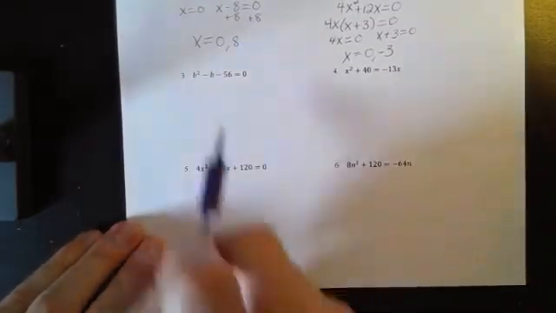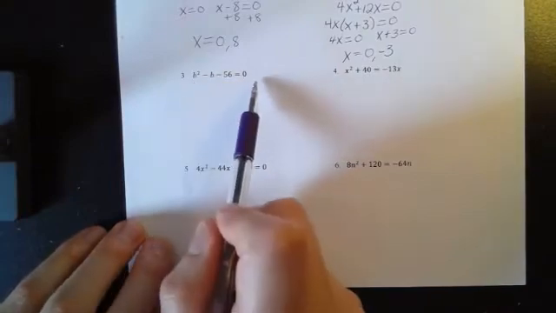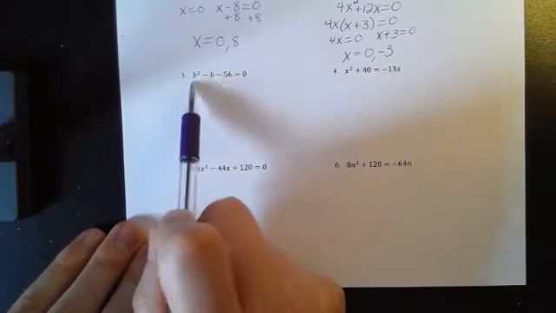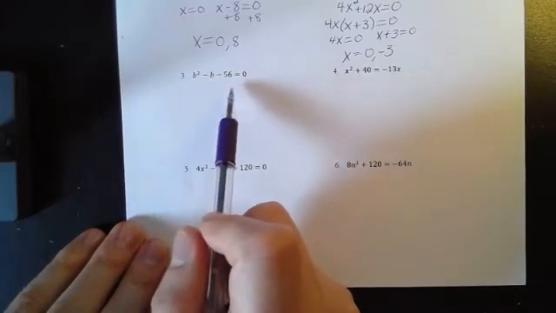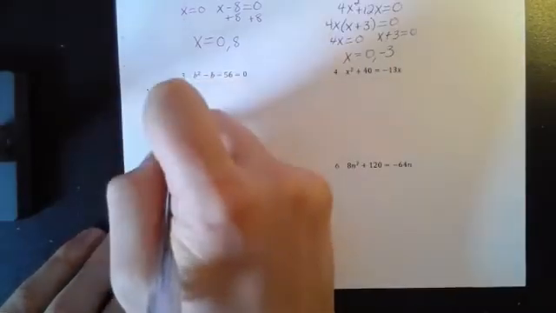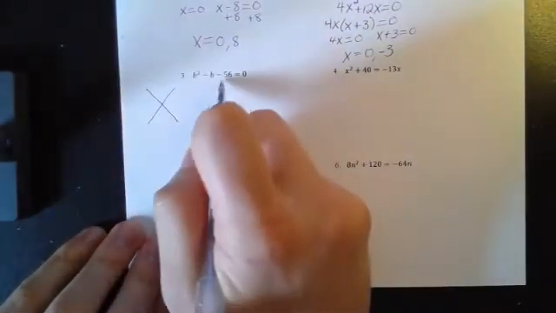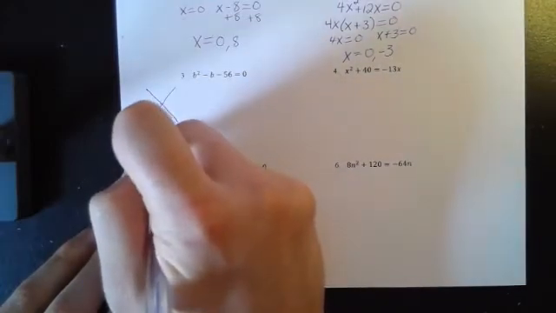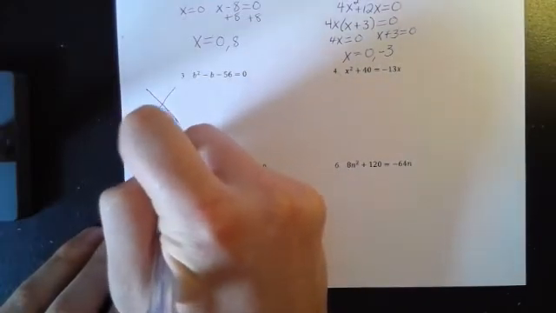For number 3, we have 3 terms, so it's a trinomial. First thing we're going to do is look for a GCF, which these 3 terms do not have. So then we're going to use our AC method or grouping. -56 times 1 is what we're going to put on the bottom. Remember, that's a times c.